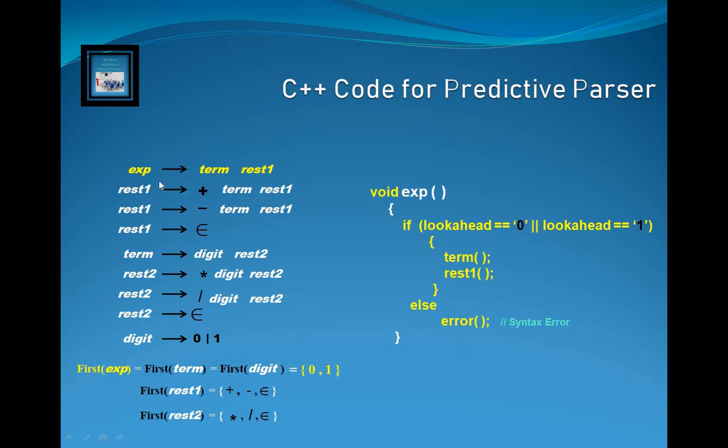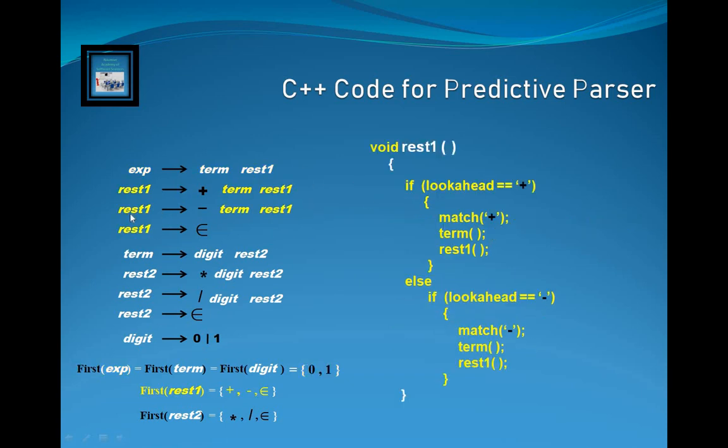So we have constructed the code for exp, and similarly we can construct the code for the rest of the non-terminals. For example, the second non-terminal is rest1. It has three productions. The first one starts from the plus token, the second one starts from the minus token, and the third production is epsilon.